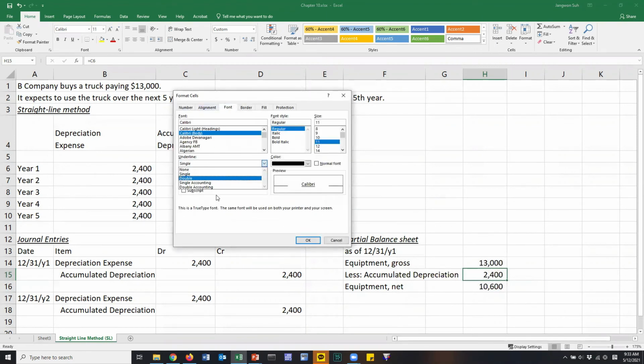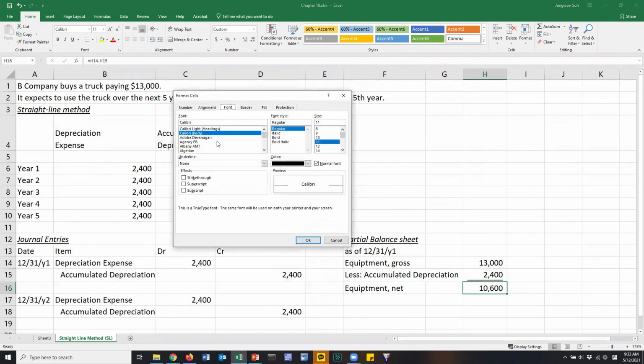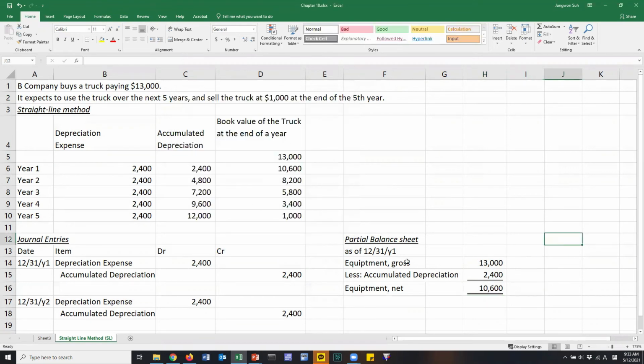So I'm making single accounting lines here, and double accounting lines here. This is what you do as of the first year end.